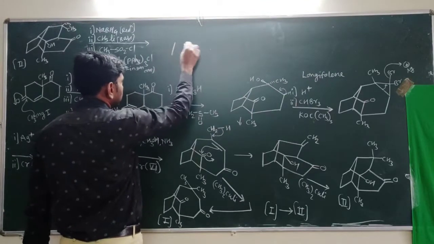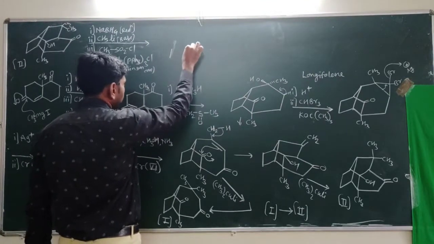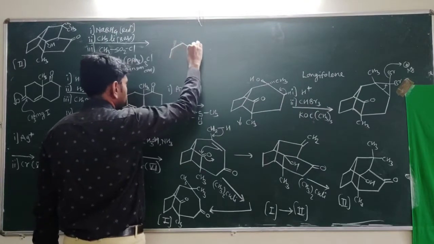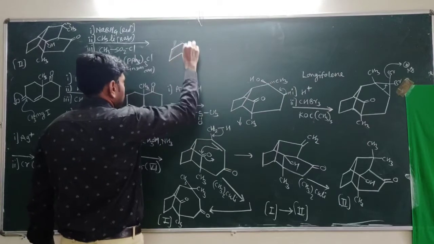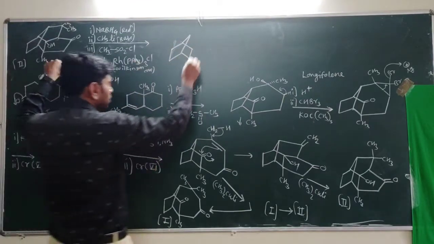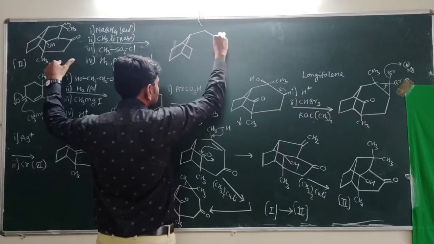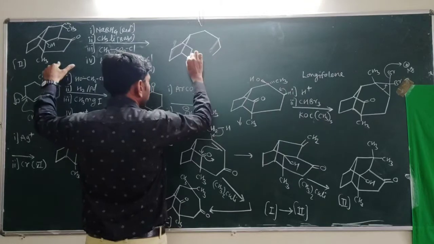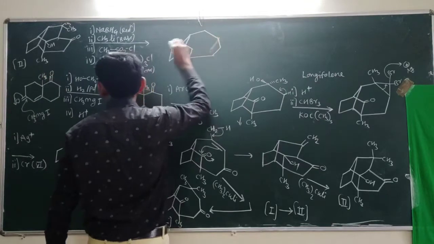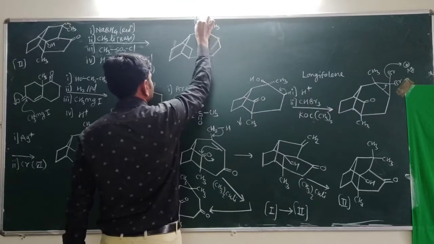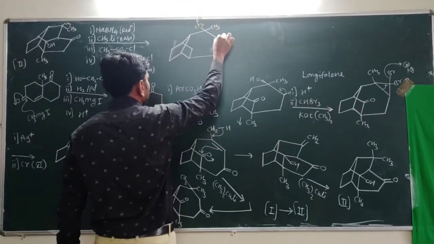The product of the reaction is, I am writing here the product first, and how it is obtained I explained. So this product formation takes place in this manner: 1, 2, 3, 4. So this one takes the form, CH3 remains as it is, CH3.